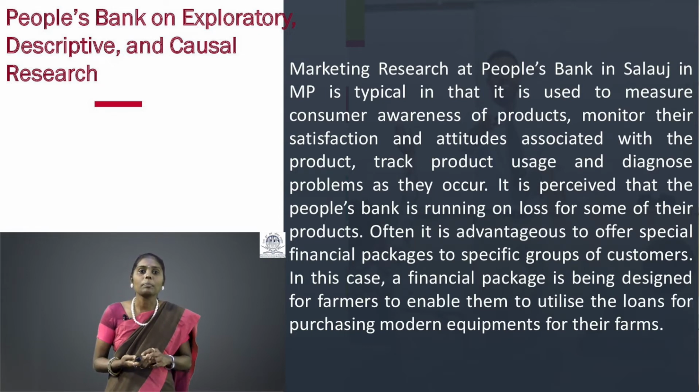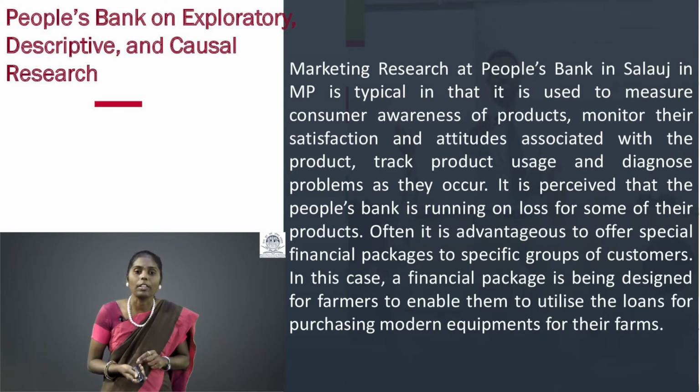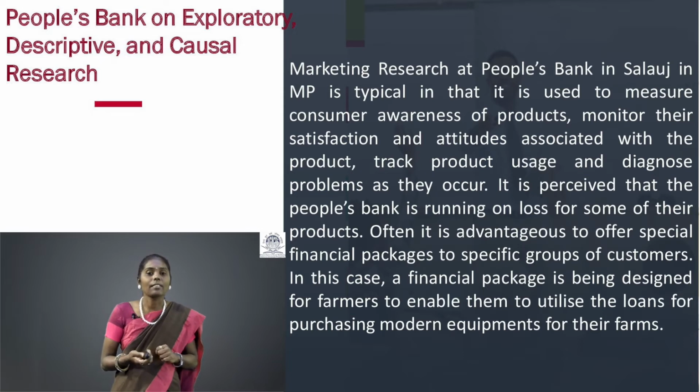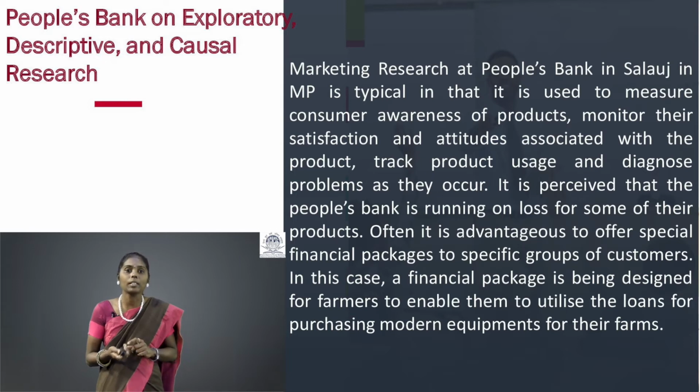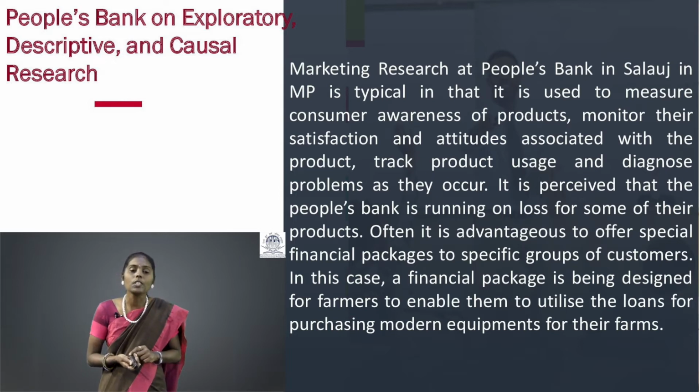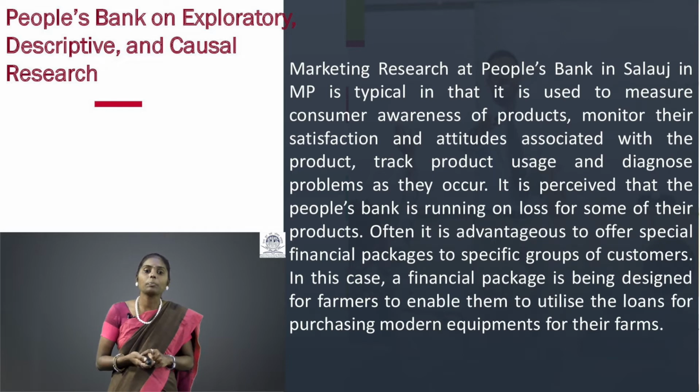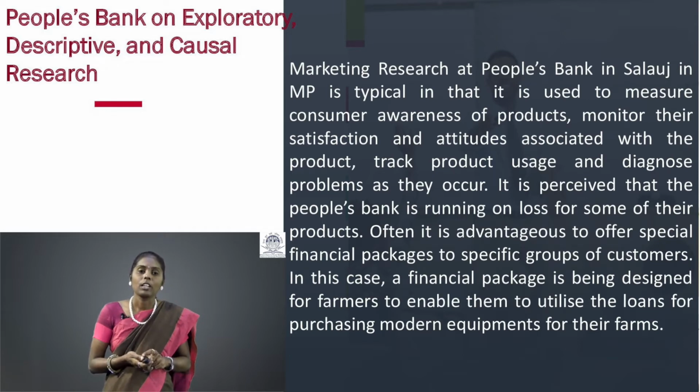It is perceived that People's Bank is running at a loss for some of their existing products. Often it is advantageous to offer special financial packages to specific groups of customers. In this case, a financial package is being designed for farmers to enable them to utilize loans for purchasing modern equipment for their farms.